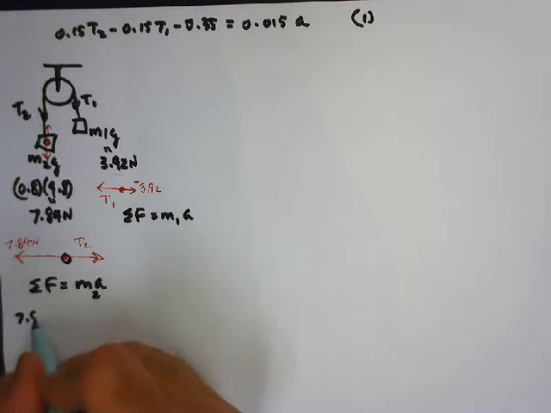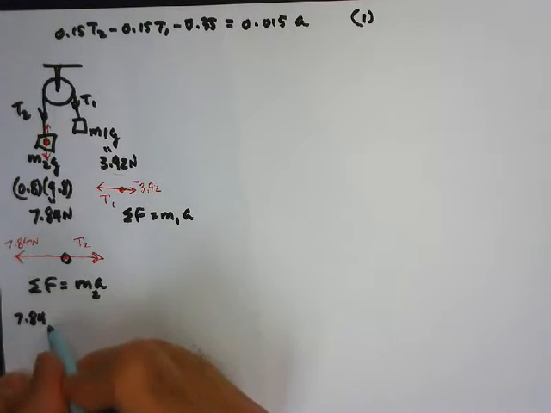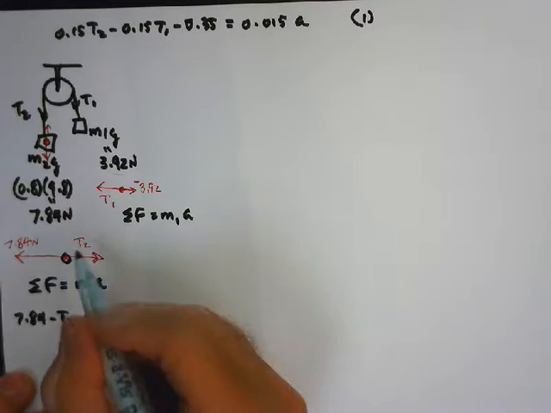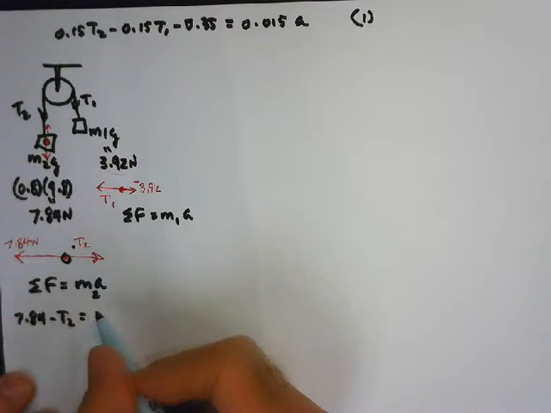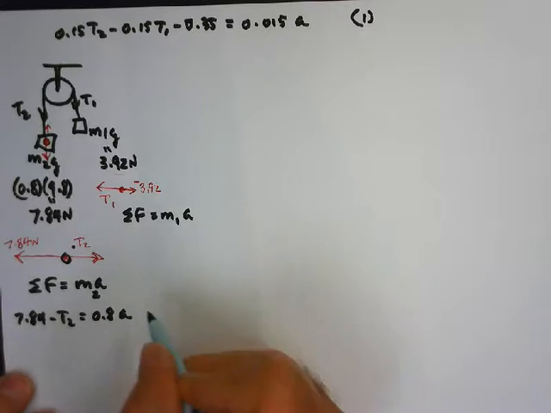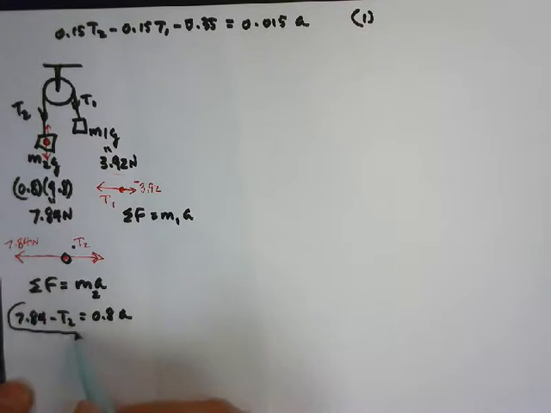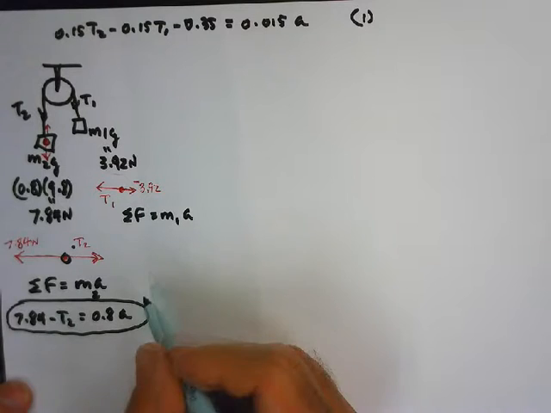We'll say 7.84 minus T2 equals M2, which is 0.8 kilograms, times a. Alright? And that's a good equation. That's a nice keeper right there. So I'll call that equation 2.